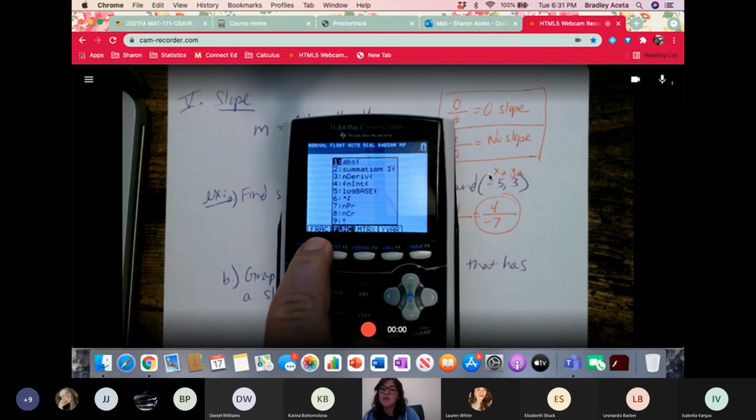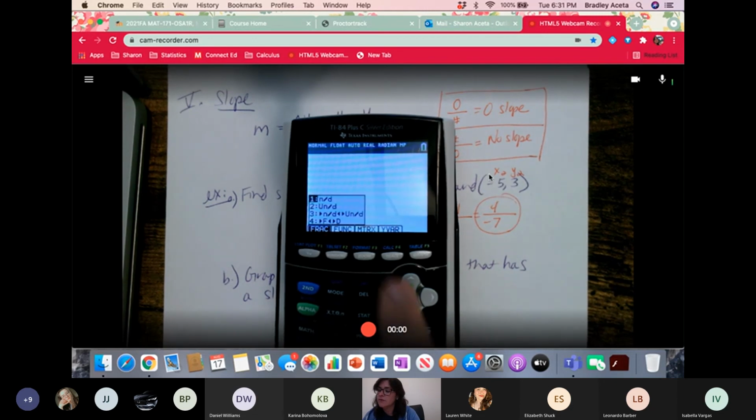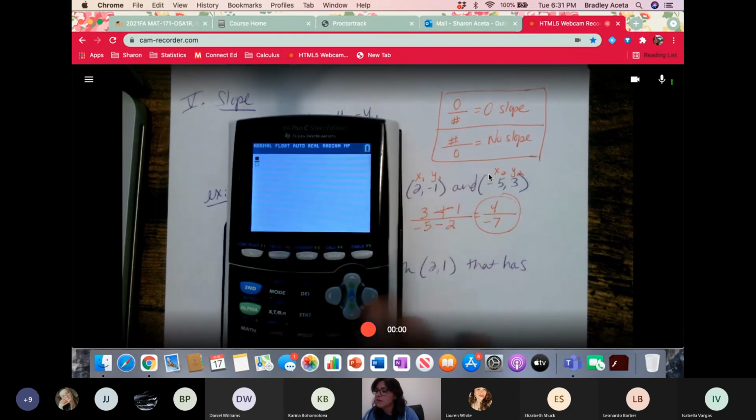You see over here where it says frac, move the cursor over, and the first thing is n/d. And then right in here, you can actually just type what I had written here, 3 minus negative 1, and on the bottom, negative 5 minus 2, and you'll get negative 4/7.